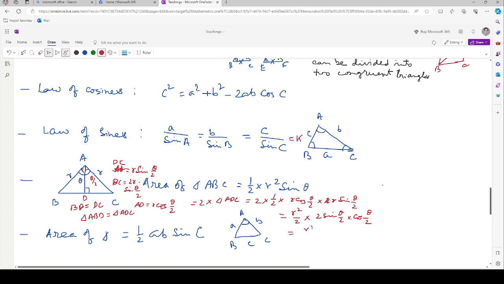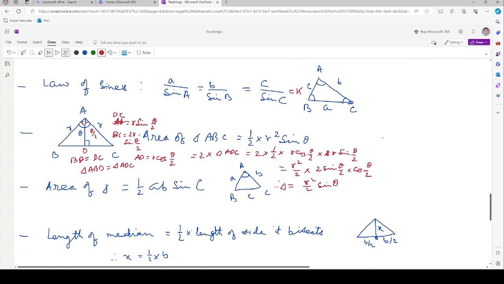We know that 2 sine theta by 2 into cos theta by 2 equals sine theta. Therefore, area equals r square by 2 sine theta. Similarly, we can get this relation: area of a triangle equals half into a into b into sine C.